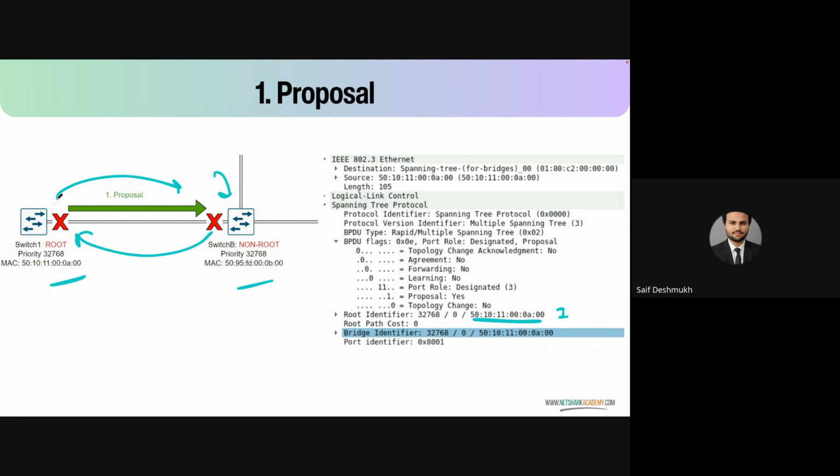On the other hand, the BPDU sent by switch 1 has the proposal flag set. It's saying, hey, I'm proposing to become the root bridge, where I'm better than you. Switch B at the same time stops sending configuration BPDUs with the proposal set. So proposal is its way of telling, I would like to become the root bridge.